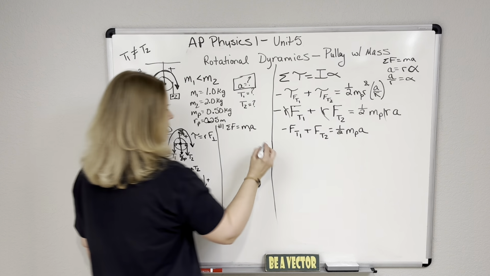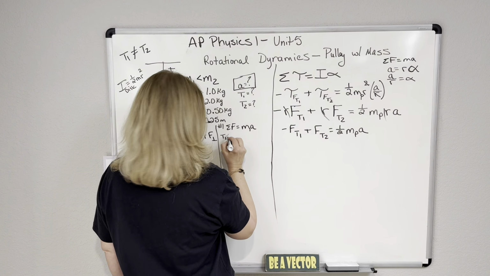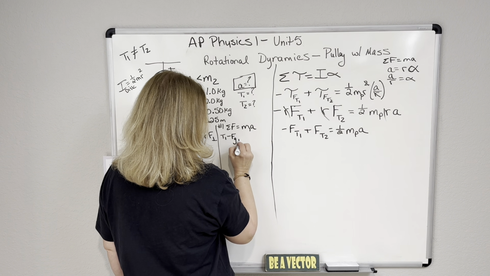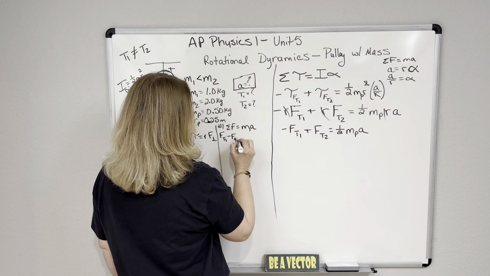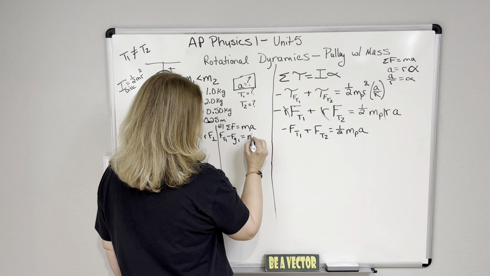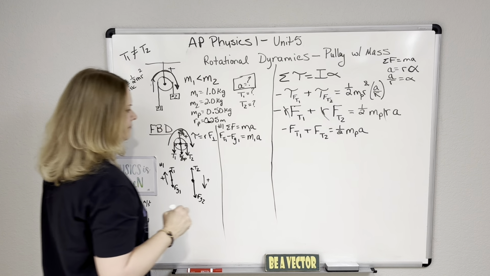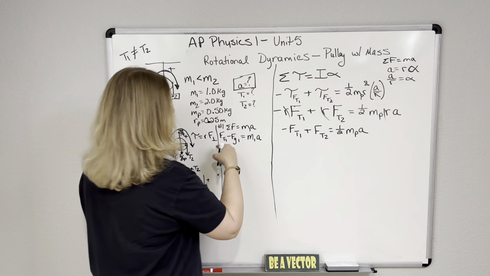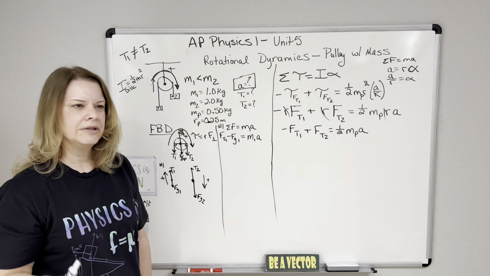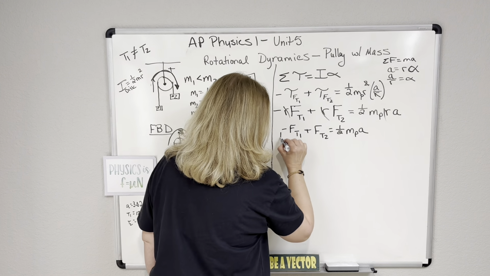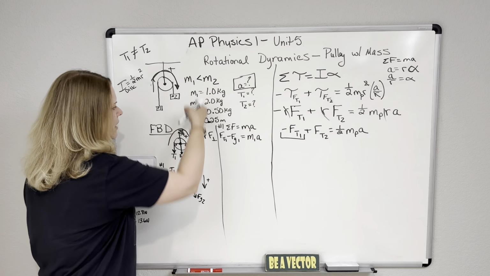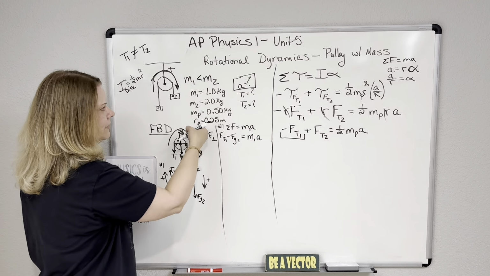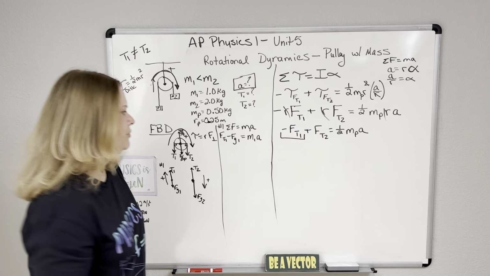So tension is positive, so that's going to be T1 minus force due to gravity 1, keeping consistent with my force of T1, minus my force due to gravity equals mass 1 times the acceleration. You're like, what are we doing? Why are we doing this? Because I need an expression to put in right here so I can find my force with what I've been given, which is just the masses and the radius. Okay, that's what I'm doing.